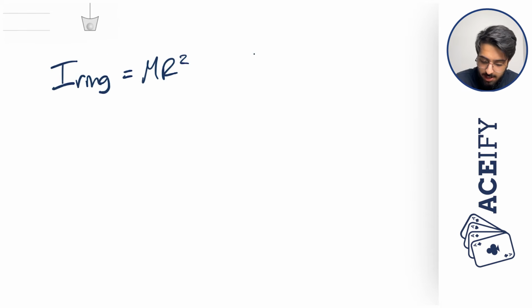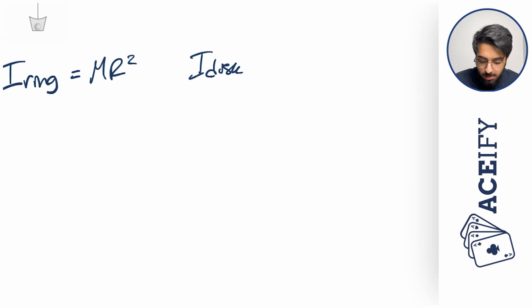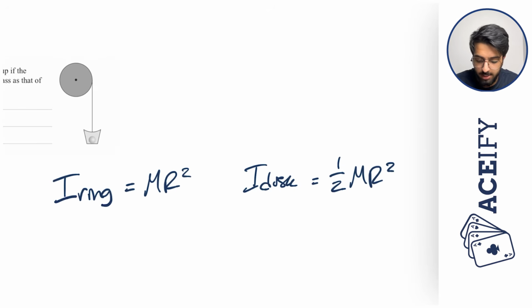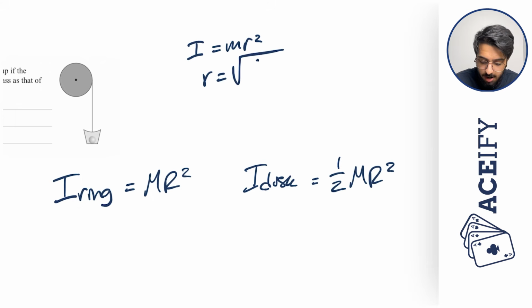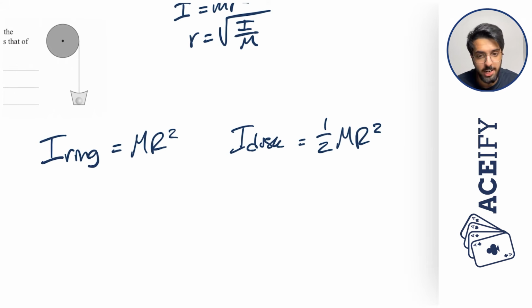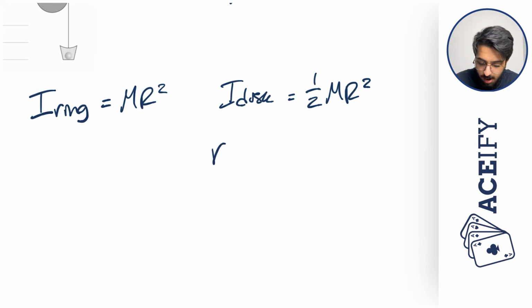However, if we have a disk scenario, we know that's equal to half mr squared, right? And because we know that I is equal to mr squared, we can rearrange this for square root I over m. So if we want to calculate the effective radius, R effective is equal to square root I over m.